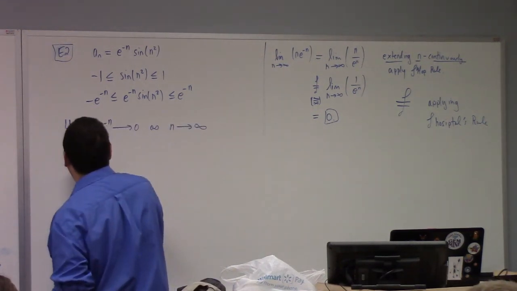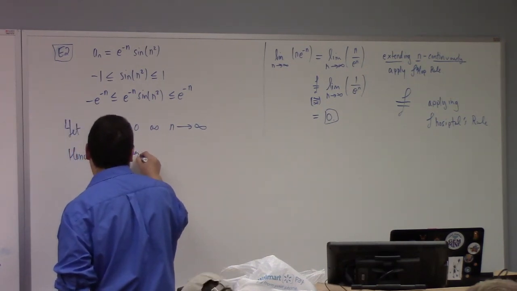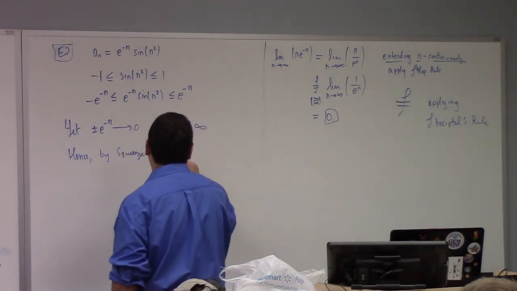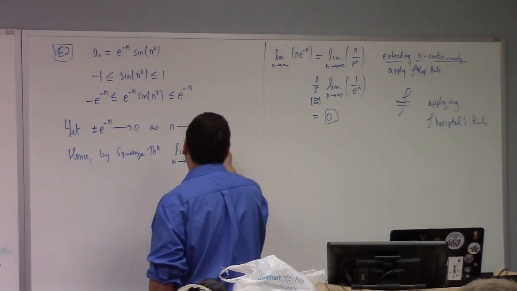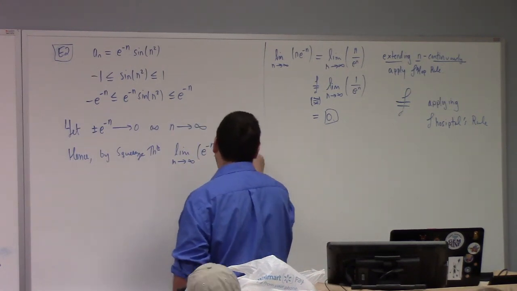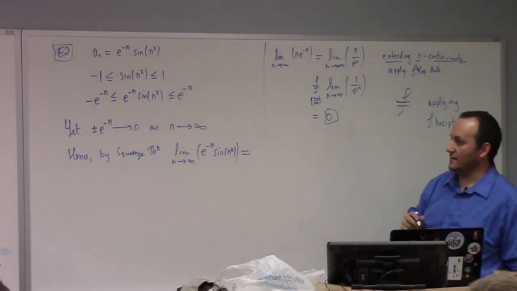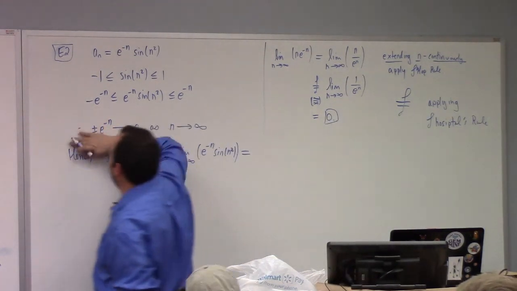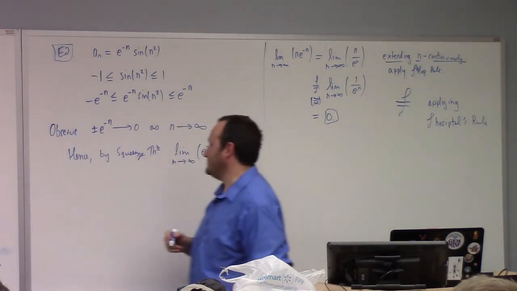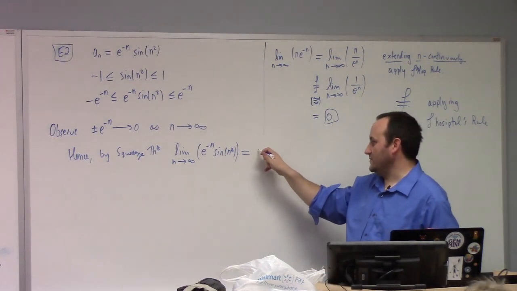Hence, by the squeeze theorem, the limit as n goes to infinity of e to the minus n sine of n squared equals what? Yeah. Or if you like, observe. So the limit as n goes to infinity of e to the minus n sine of n squared is equal to 0.